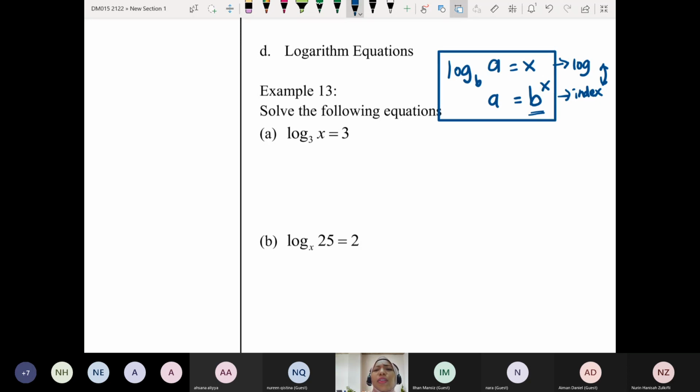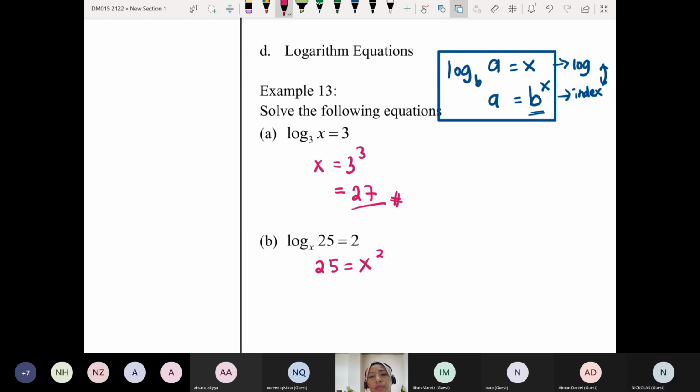Okay, let's solve this example. So this is X equals to 3 cube. So the answer 27. Okay. Ini pula macam mana? 25 X square. So berapa tu? 5.